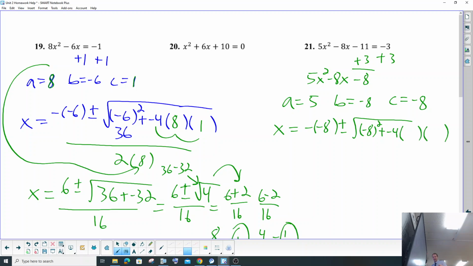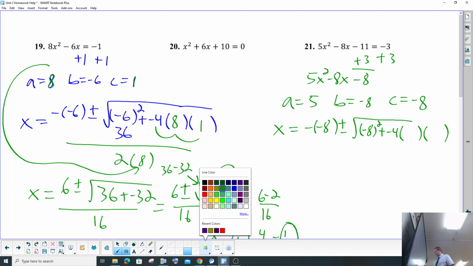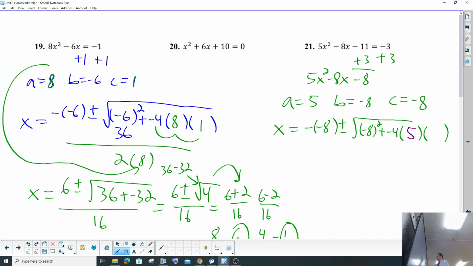That's so you don't mix up your negatives at the end, right? I do a plus and a minus because you're basically adding something negative. So our A is 5 and our C is also negative 8, all over 2A. 2 times 5, just 10.